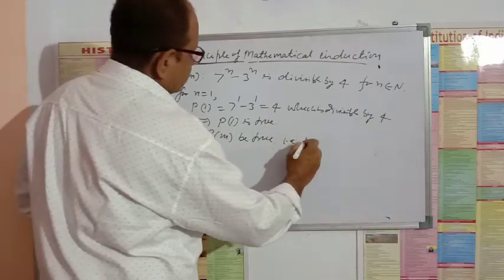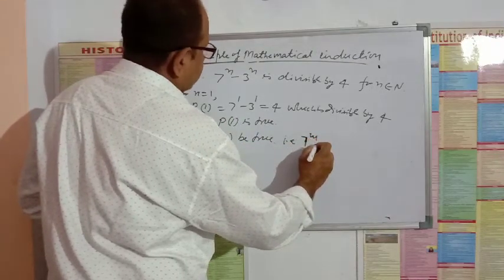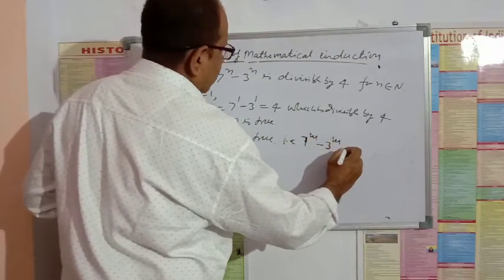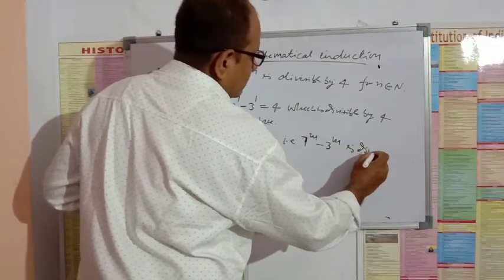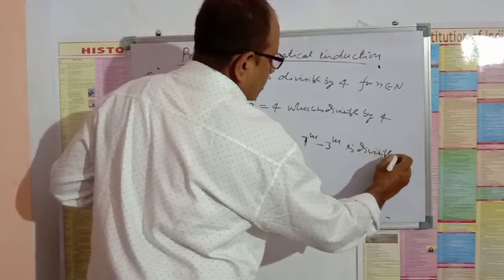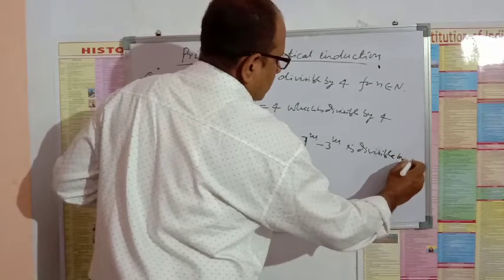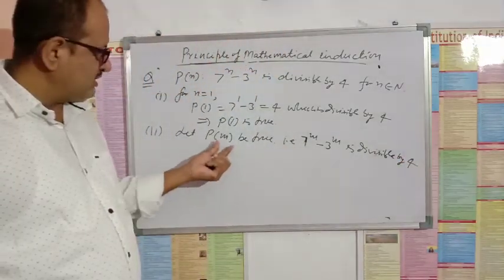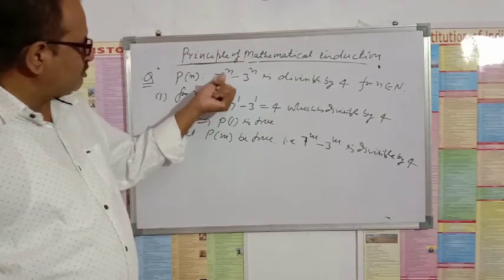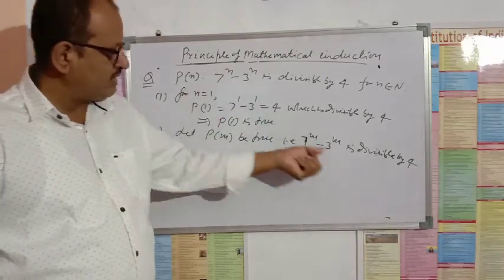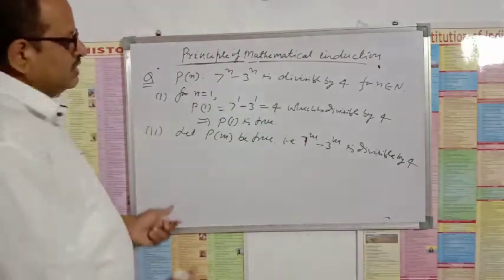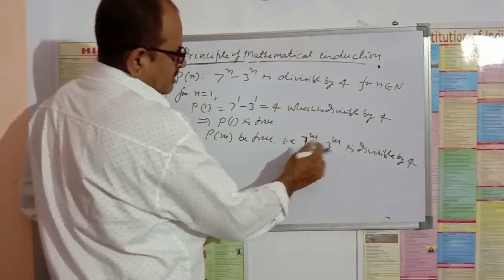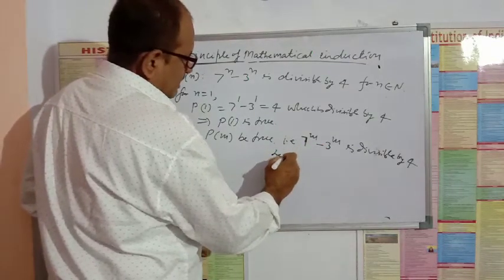We will write 7 to the power m minus 3 to the power m is divisible by 4. We have supposed here Pm is true. Pm means 7 to the power m minus 3 to the power m, it is divisible by 4.